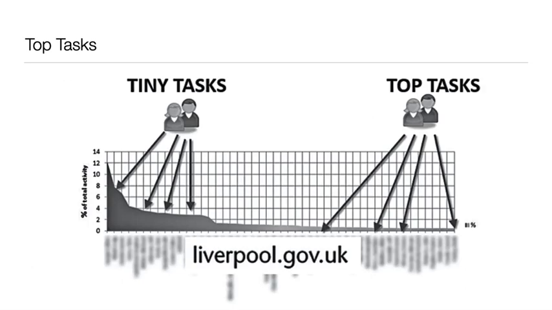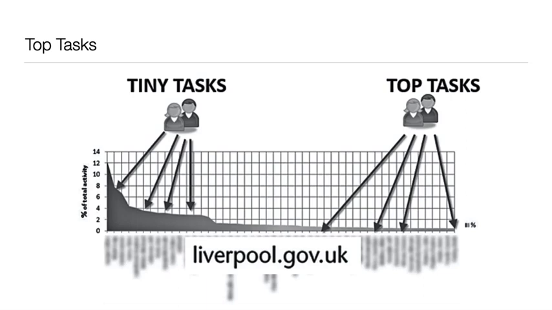And we see it in this item here. So the website Liverpool.gov, when it was originally designed and pushed out a few years ago, the amount of work, amount of pages, amount of space and activity focused on those tiny tasks, that last quarter, those bits that nobody really cares about, everyone being pushed onto them because they were being pushed at the forefront of the website.